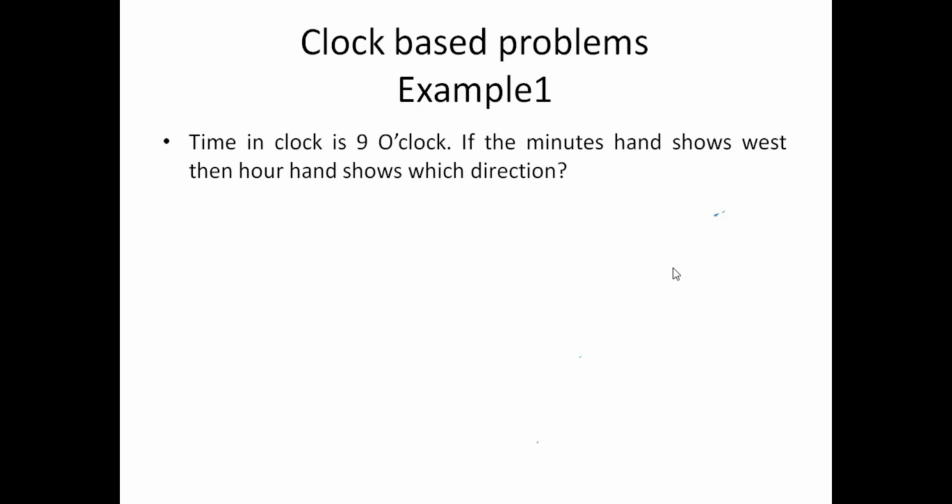Clock based problems. See the question. Time in a clock is 9 o'clock. If the minute hand shows west, then which direction does the hour hand show? This is 12, 6, 3 and 9.